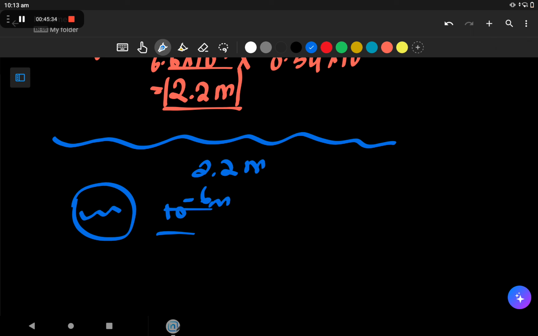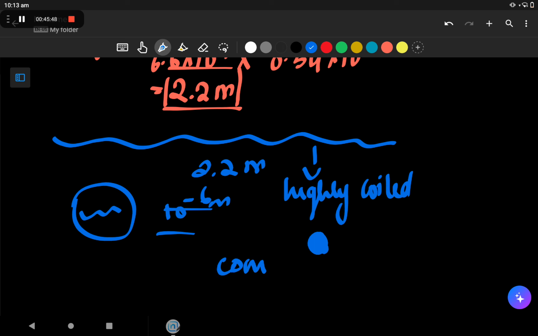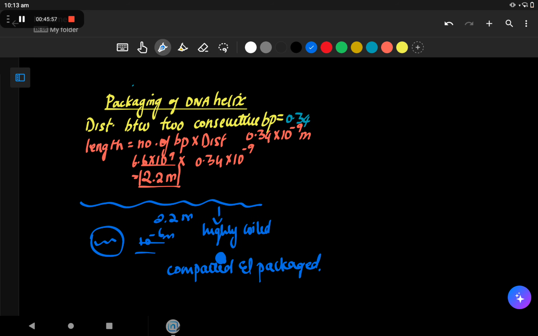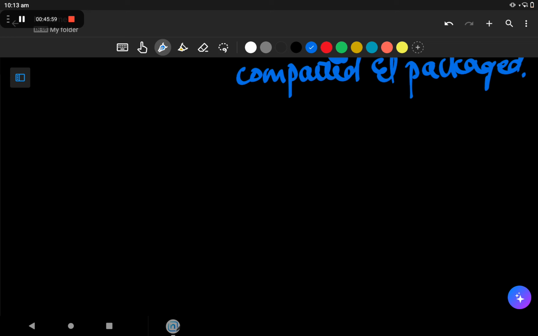It is nowhere possible unless it is highly coiled, becoming very small. So it has to be compacted and packaged.